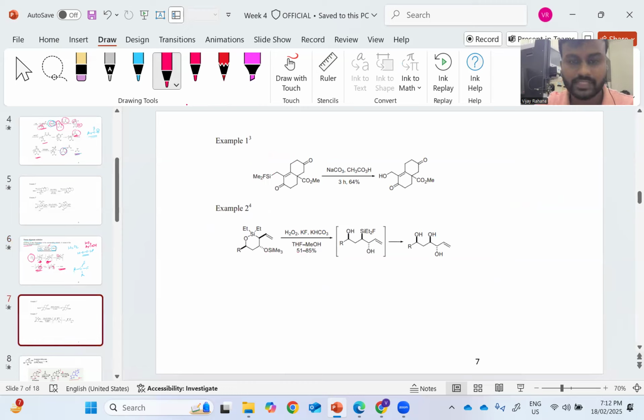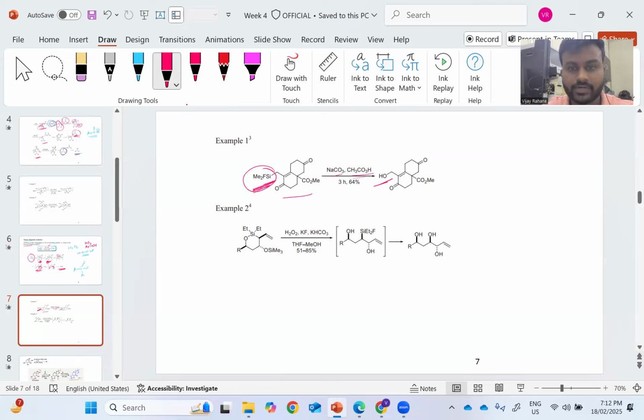There are some examples which show the synthetic utility of both these reactions, and similar examples I have mentioned here. In this case we have the starting material, which has the SiMe2 functional group, and on reaction with sodium bicarbonate followed by the peracids, it gives the alcohol, right?